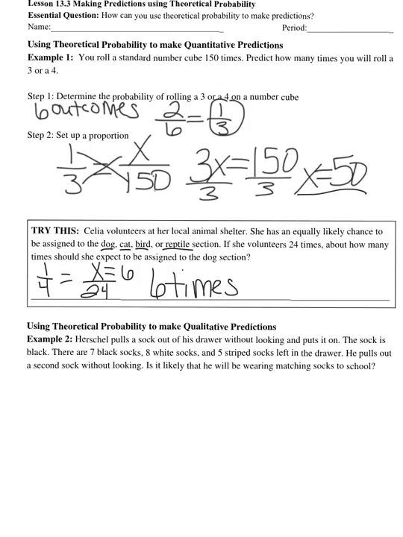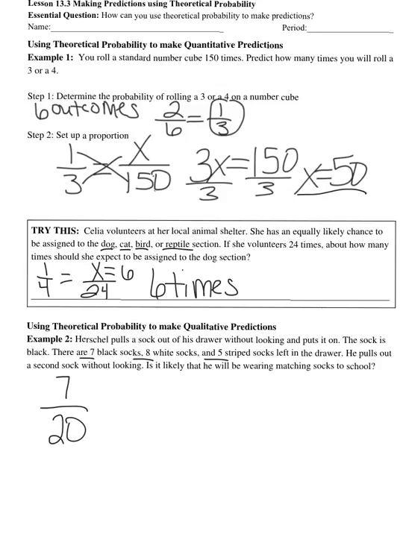So we need to figure out how many total outcomes there are. So that's 7 plus 8 plus 5, which is 20. And of those 20 different outcomes, 7 of them are black. So he has a 7 out of 20 chance of it being black.